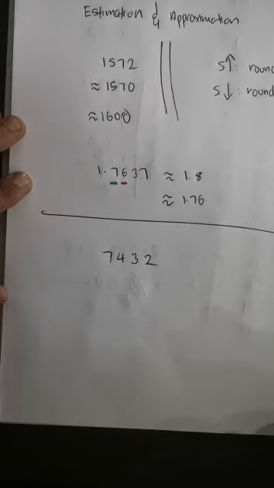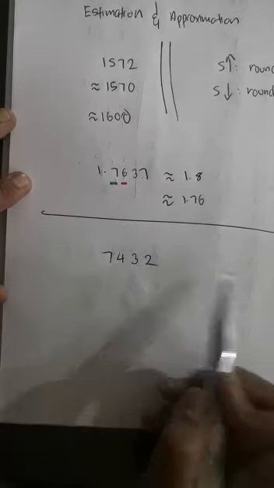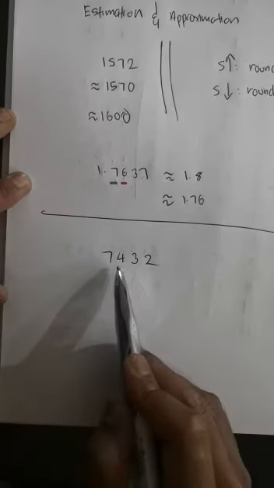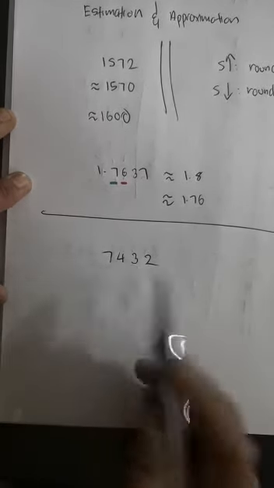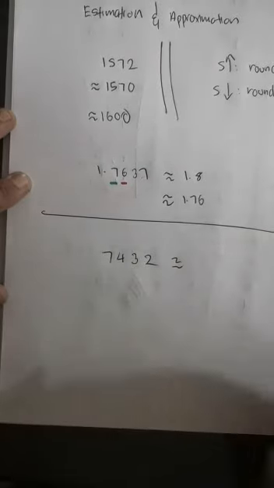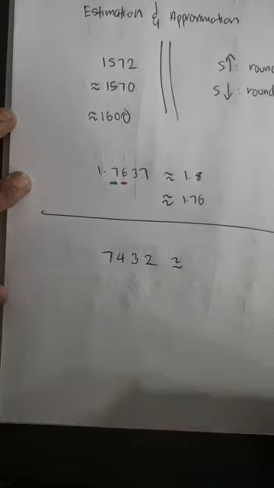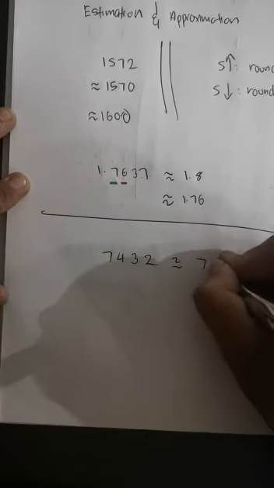I want to round off to 2 significant figures. 2 significant figures, always count from the left. Okay? Count from the left. 1, 2. Okay? 1, 2. Then look on your right. This is lesser than 5, right? So I'm supposed to get 74.